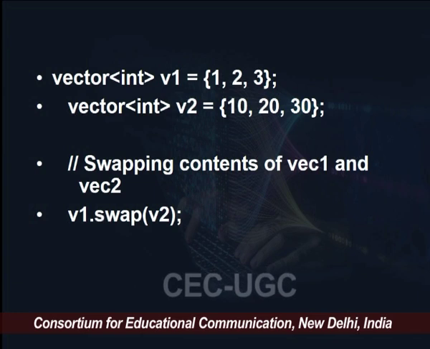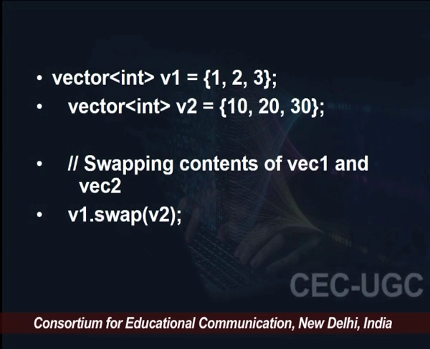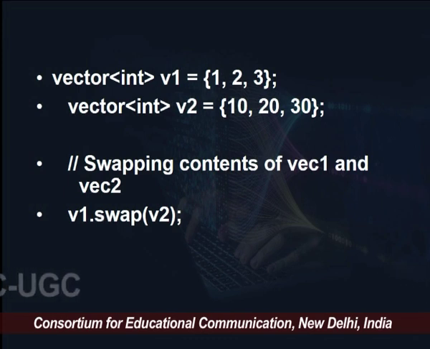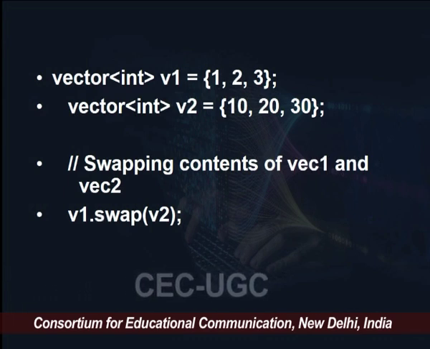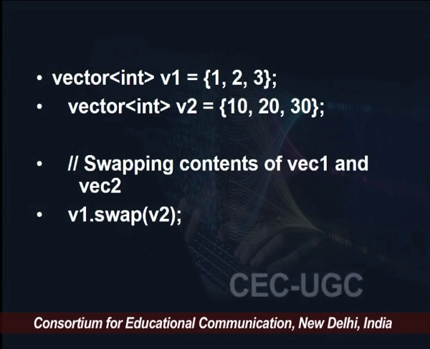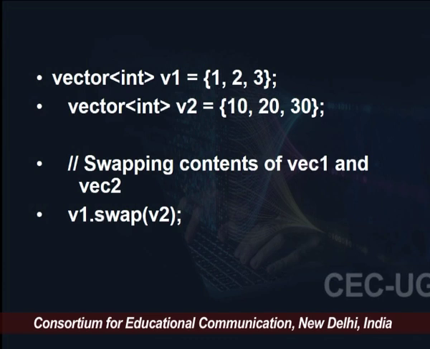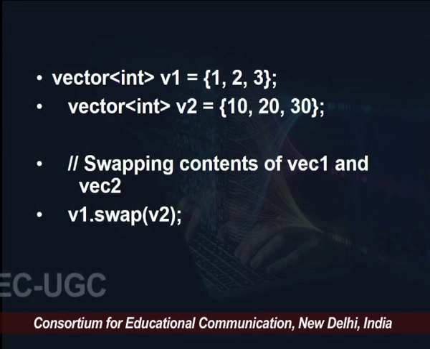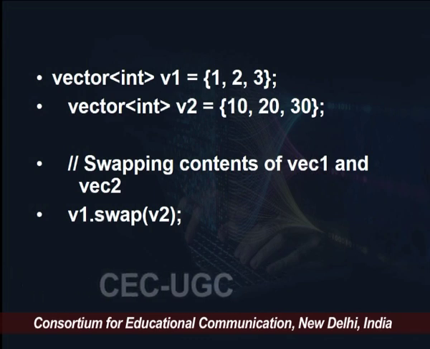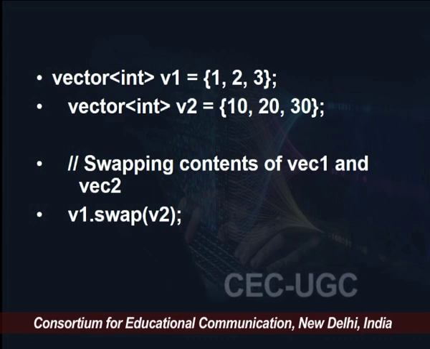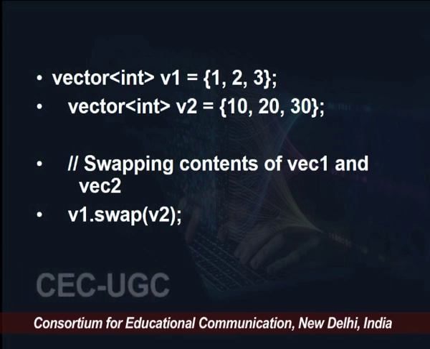So, in order to use this version of swap, we are going to take 2 vectors, as shown on the screen. We have V1 which is 1, 2, 3 and V2 which is 10, 20, 30. You can print the contents before swapping, and when we want to swap vector 1 and vector 2, we are going to write V1.swap(V2), and then the contents of the two vectors can be printed again in order to see the effects.